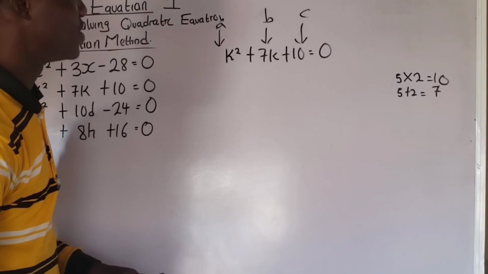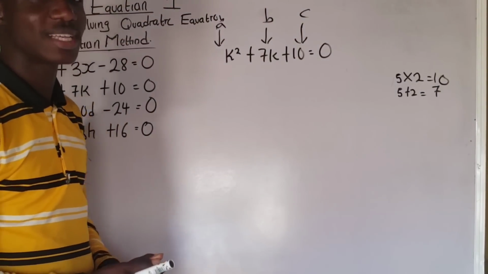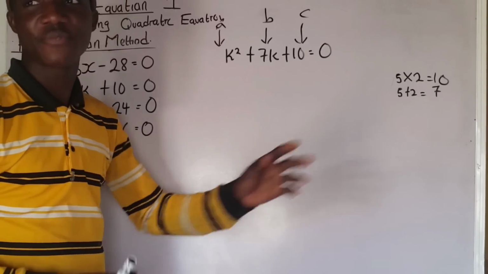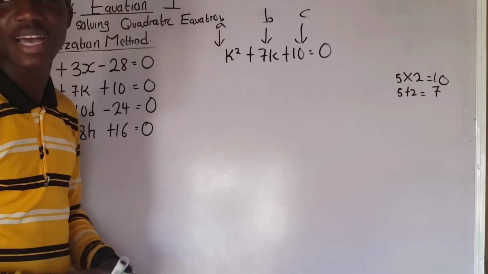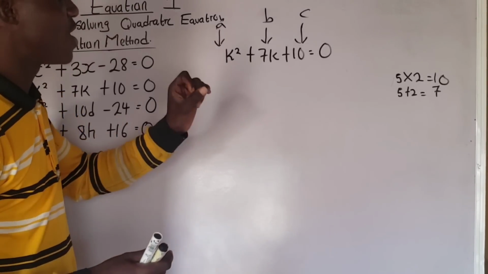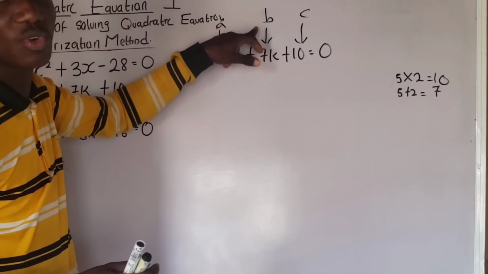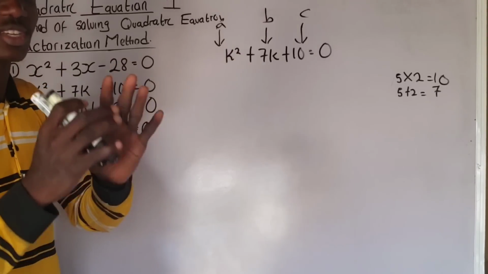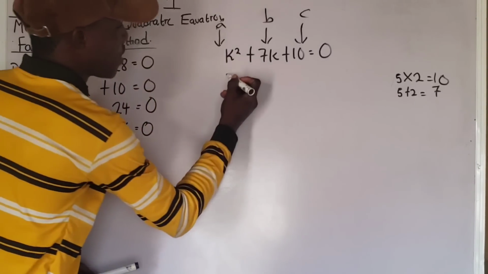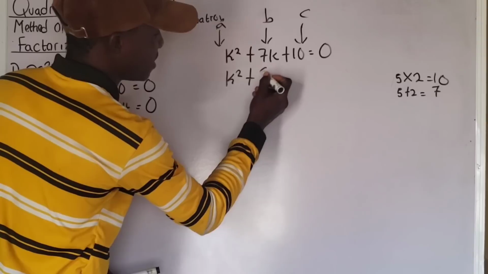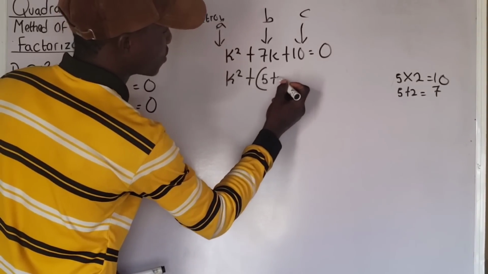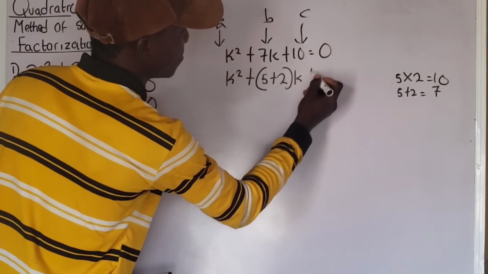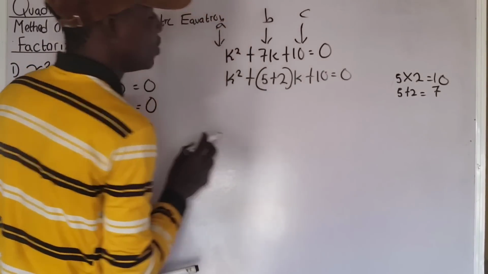Now, you can see that the numbers that we need are what? 5 and 2. So, in that case, I'm going to replace the second term, which is b, by 5 and 2. Are you paying attention? Now, let's go. I'm going to have k squared plus, open the bracket, 5 plus 2, k plus 10 equals 0. You know what I did?